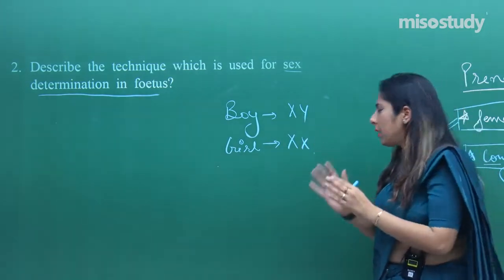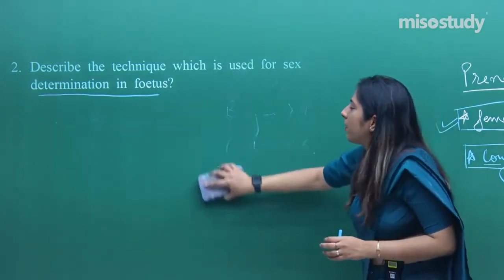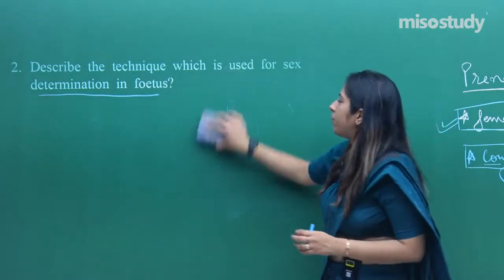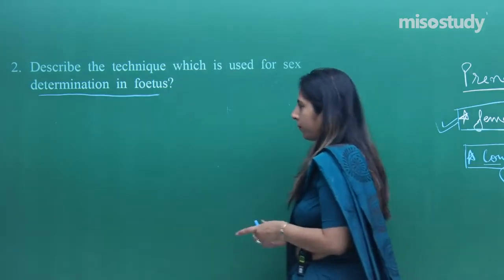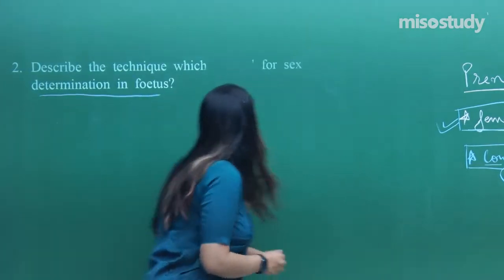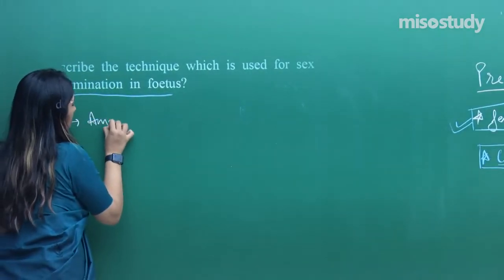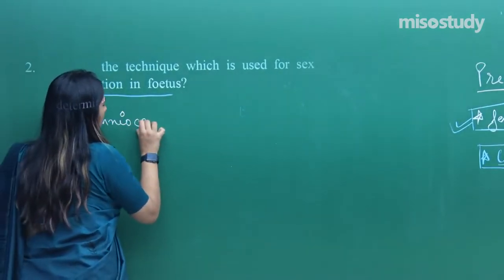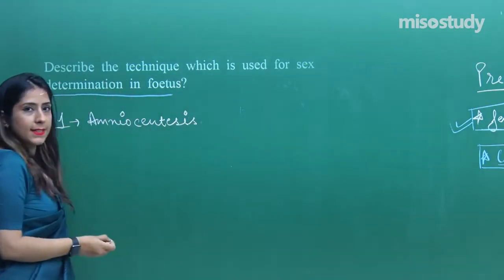So there are many methods by which we can check whether a child is female or male, right? The first basic procedure is amniocentesis. Amniocentesis, right, students?